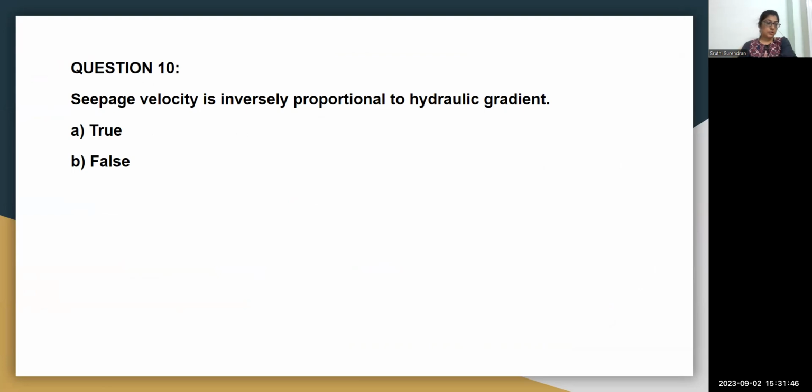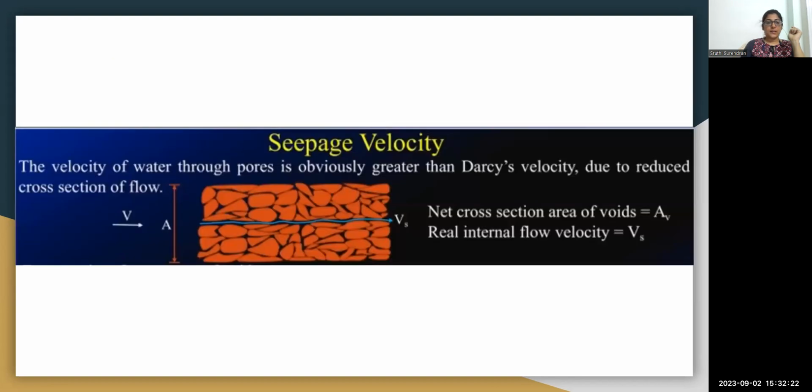Is the statement true or false? So we just saw what seepage velocity is.